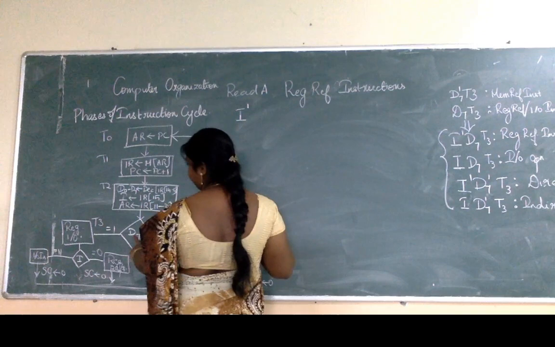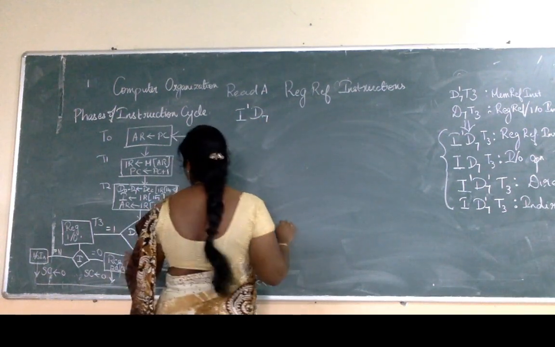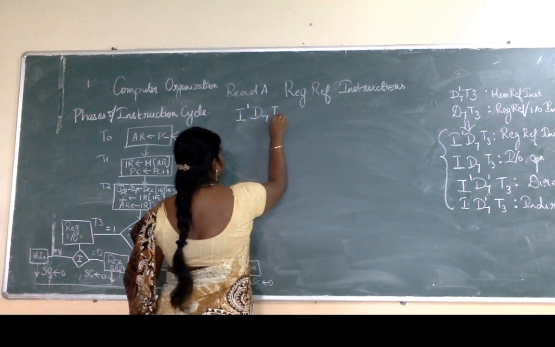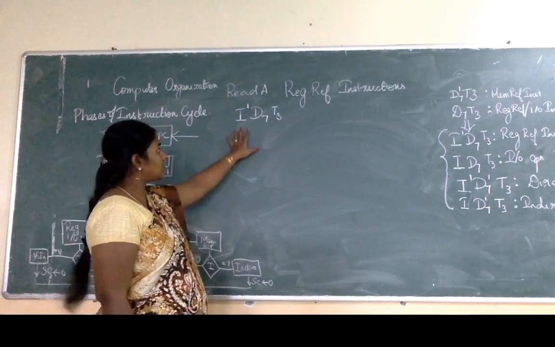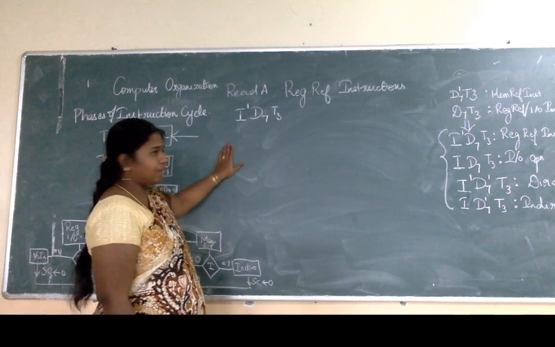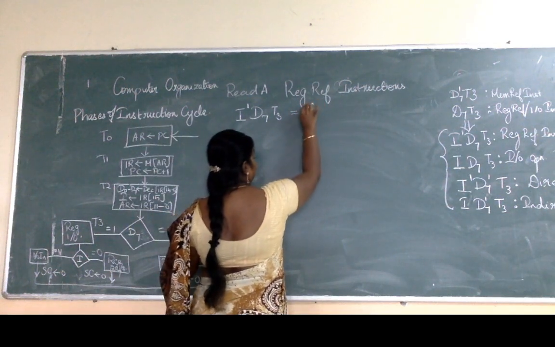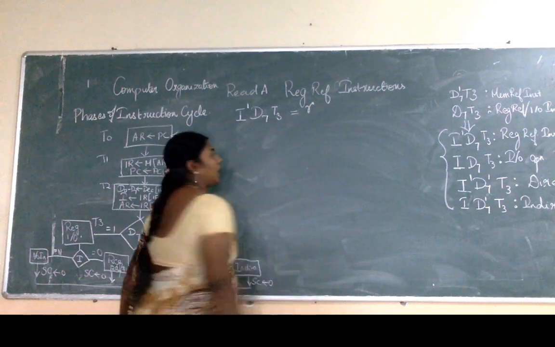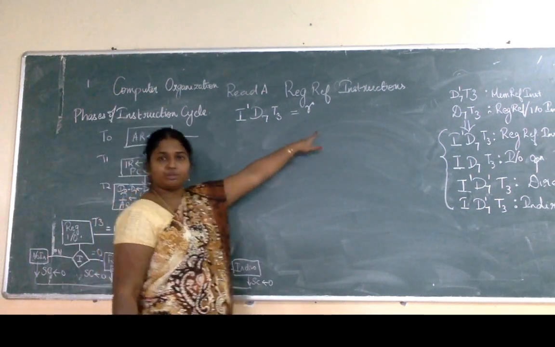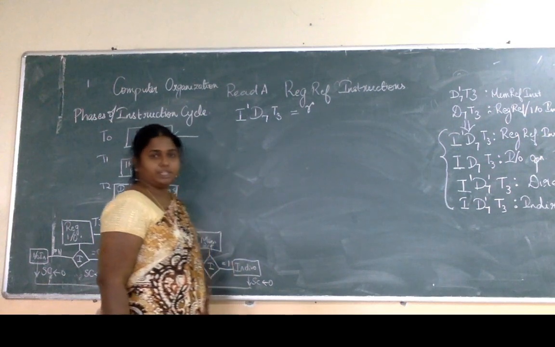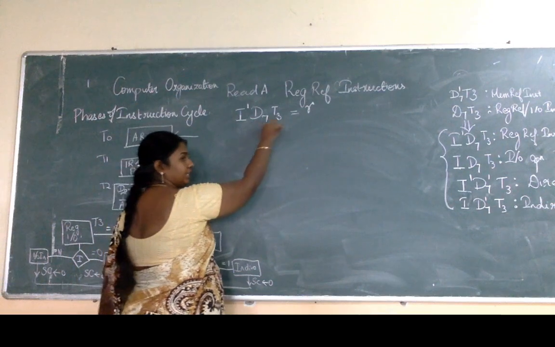The value of D7 is going to be 1, so I have to mention it as D7, and it is going to happen at time cycle T3. Now I am going to represent this using a symbol R, instead of writing this entire thing. So every time I write the letter R, please understand that it is I dash D7 T3.